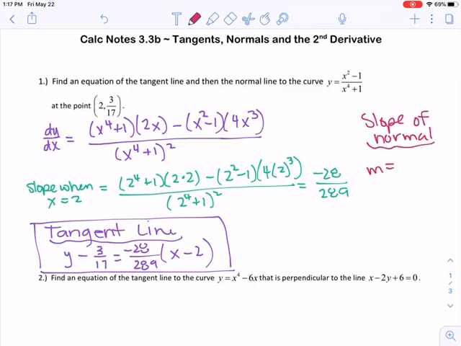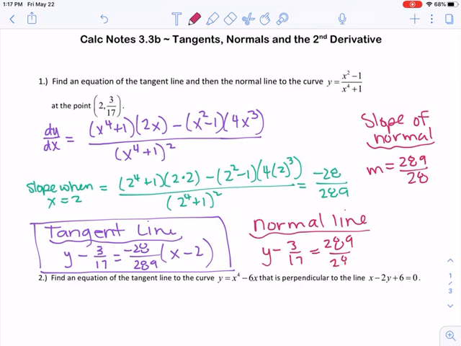And if I flip my slope over and give it a negative, it's going to become a positive 289 over 28. So now I can find the equation of my normal line at that point. y minus 3/17 is equal to 289 over 28 times x minus 2.